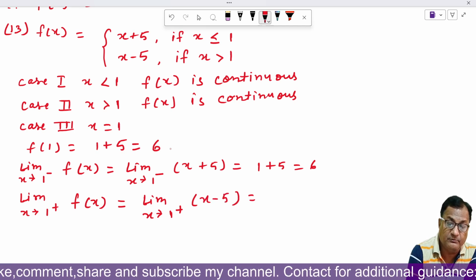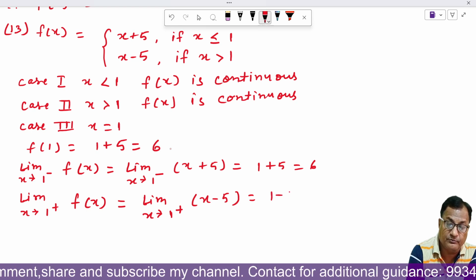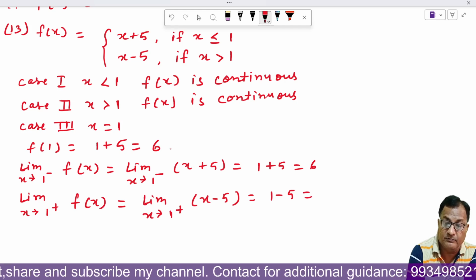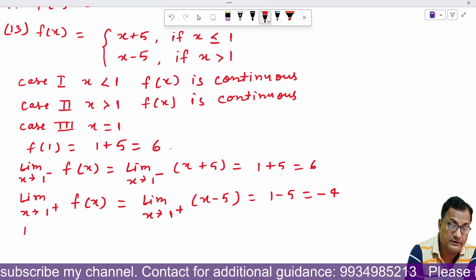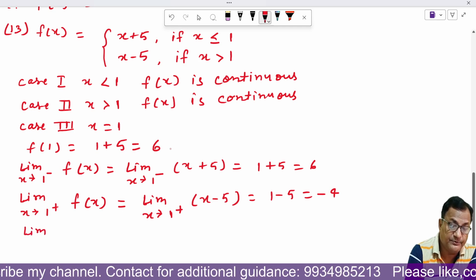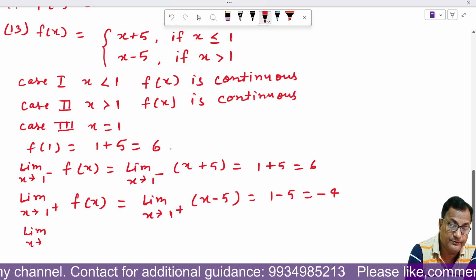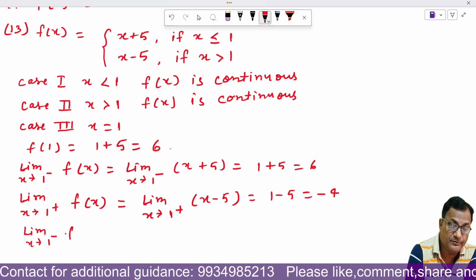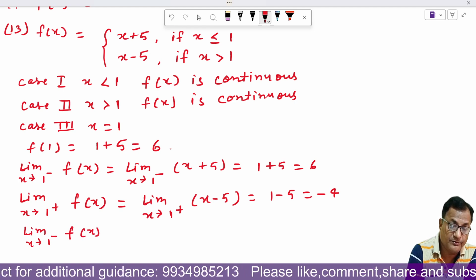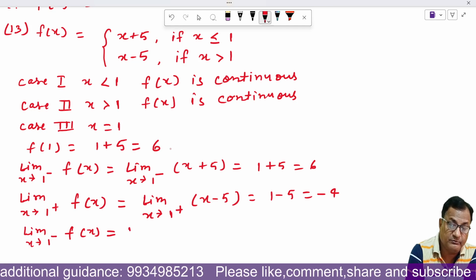If we put value 1, 1 minus 5 is equal to minus 4. So here we see that left hand limit is not equal to right hand limit.